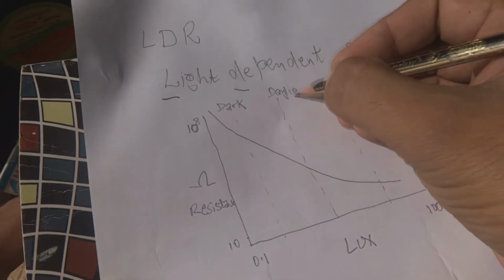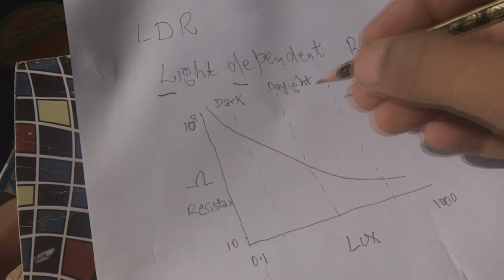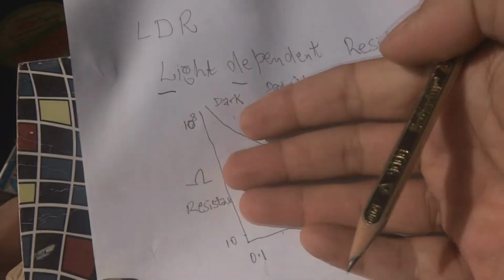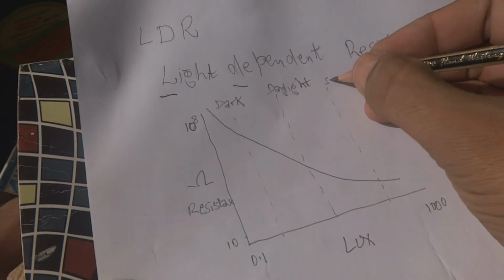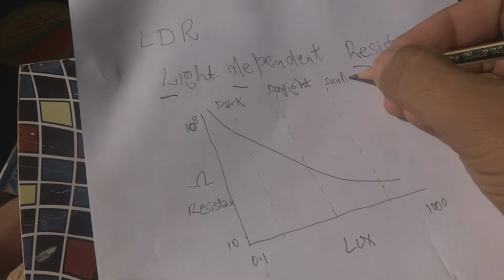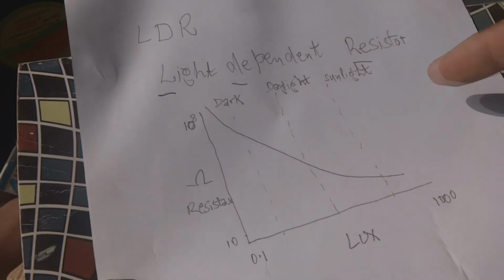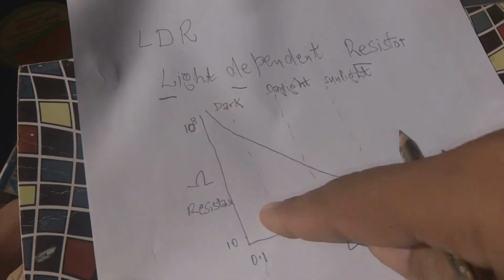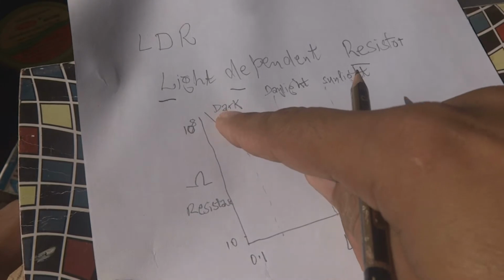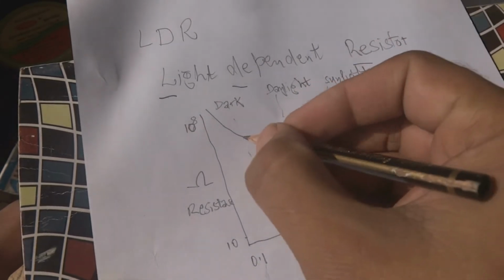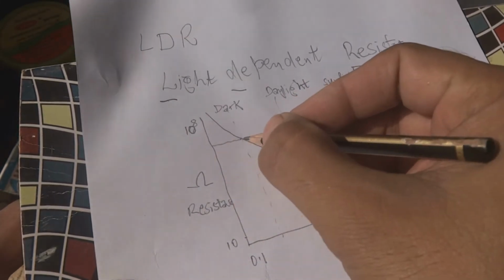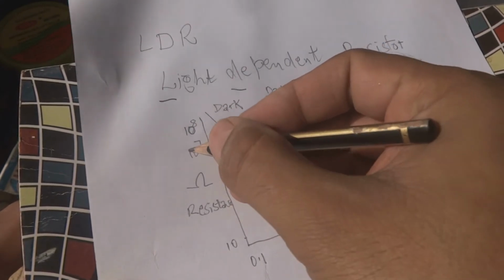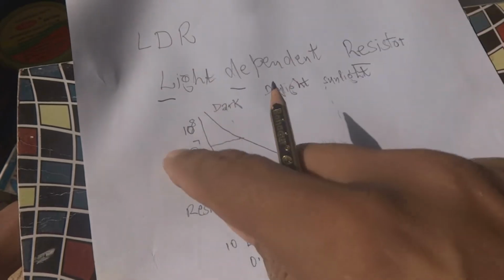Daylight is, you know, as somewhere we are sitting in the room. In the daytime, where a sunlight is present, we will write sunlight over here. So it is under the sun like this, and this is daylight and this is dark. In the dark, it corresponds to here, and this will be somewhat the value 10 to the power 7 or 10 to the power 6, something like that, 1 megohm or 10 megohm.